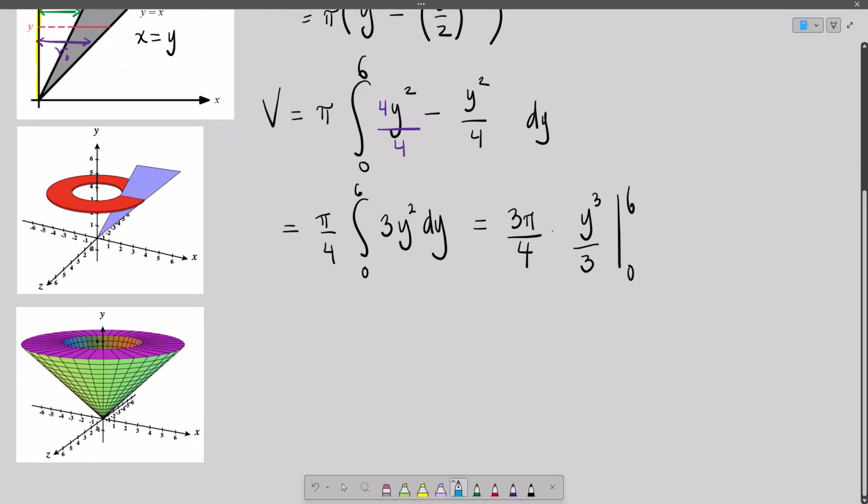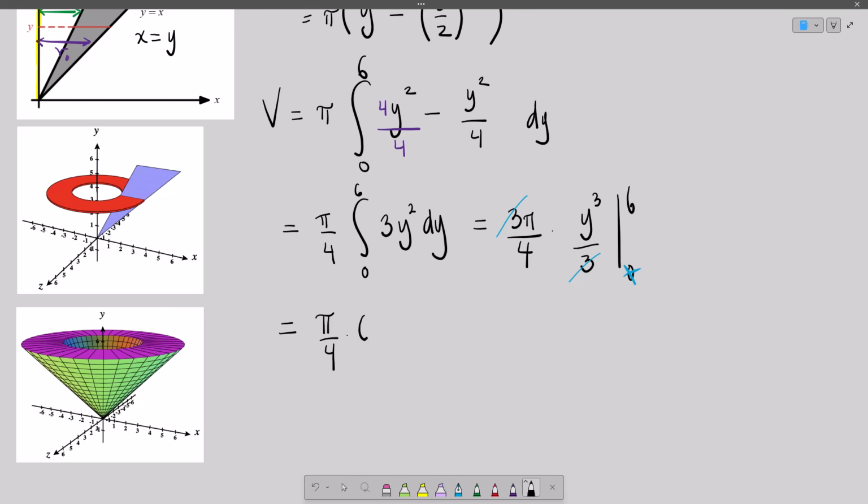Threes will cancel here. And we will be left with pi over 4. And here the 0 is not going to contribute anything. Plugging in 0 gives 0. So we only have to worry about that 6. We're going to get 6 cubed up here. 6 cubed is 216.